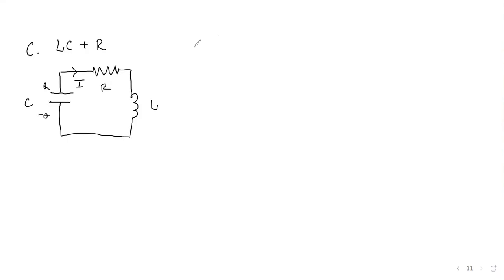Well, we already wrote this loop rule before, yeah? So let's go clockwise. So it would be Q over C minus current multiplied by resistance, and then minus inductance dI over dt, and also the same relation between current and the charge.